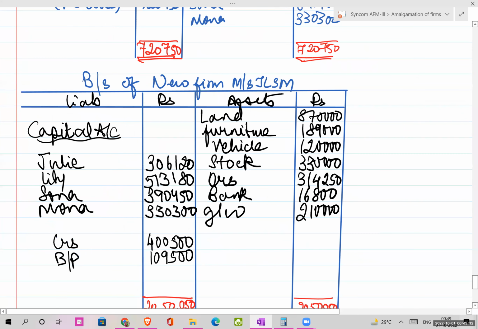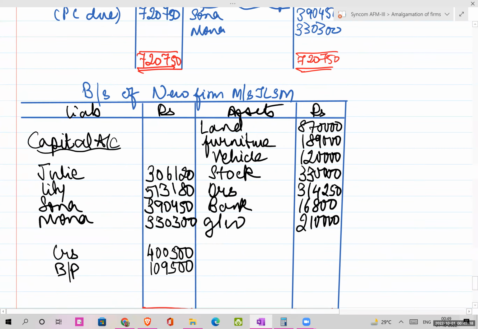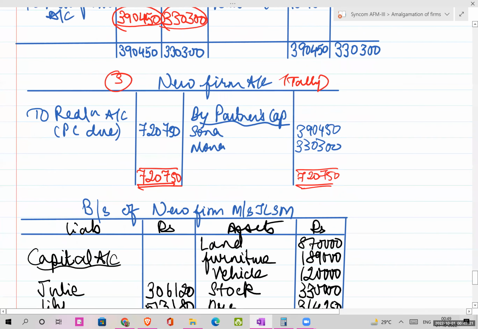And last, we will have to make balance sheet of the new firm. Okay, याद है मैंने आपको, I'll take you back to PC calculation.